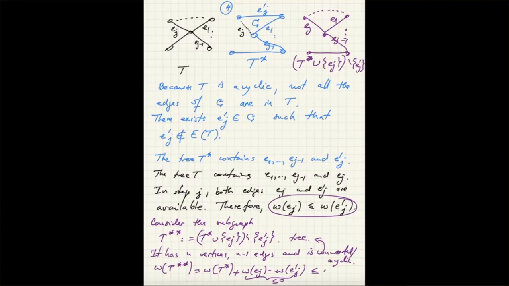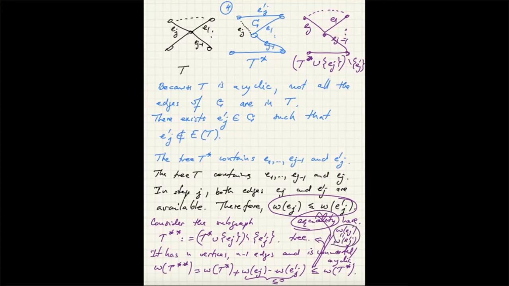So this is less than or equal to the weight of T star. Well, how can it be? Well, T star was the tree of minimum weight. So this must imply that we must have equality here. So actually the weight of EJ equals the weight of E prime J.